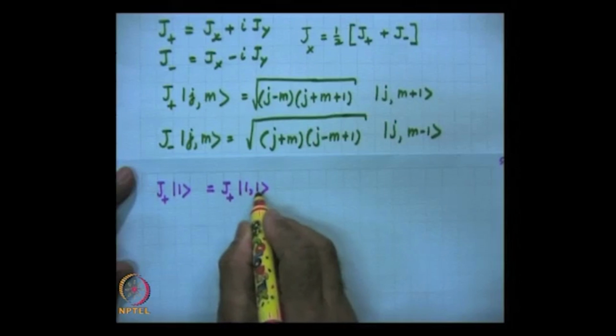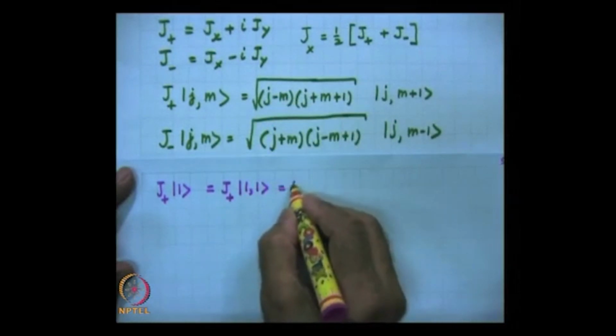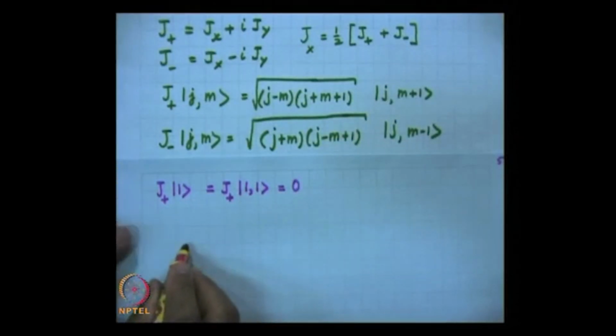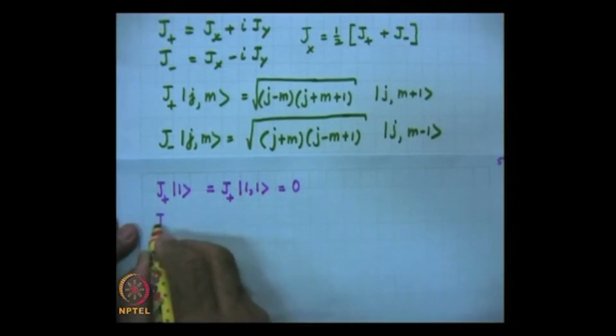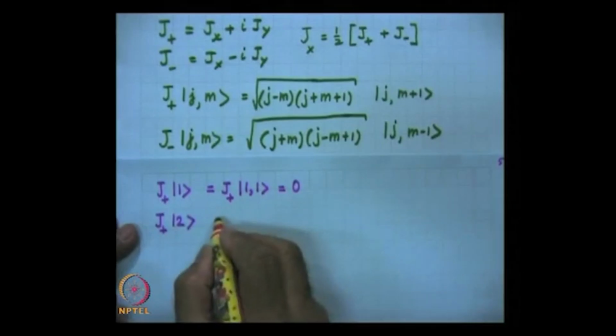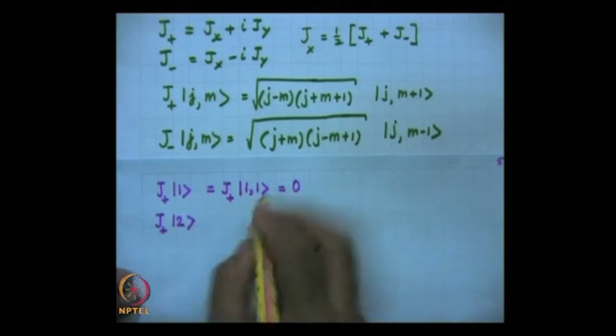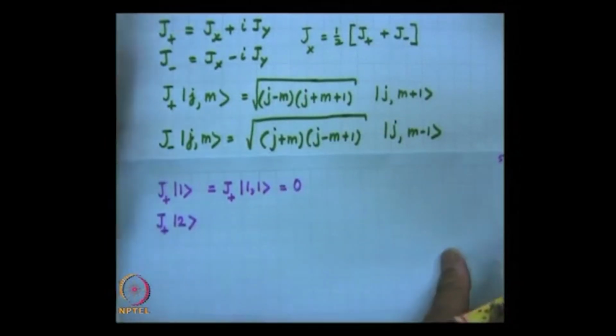If I apply that, j minus m is 0, so this is a null ket. Sorry, let me redo this. So, we have these two equations.